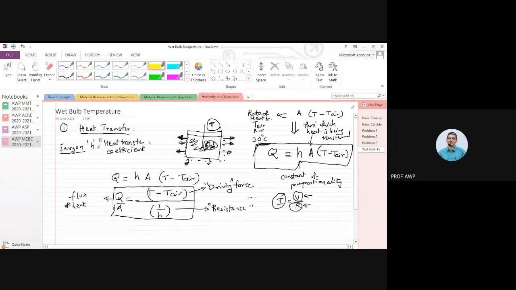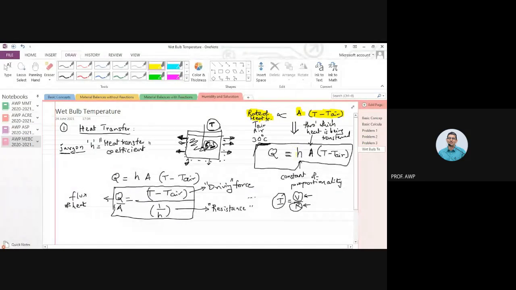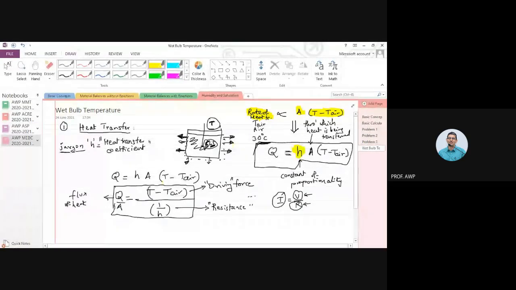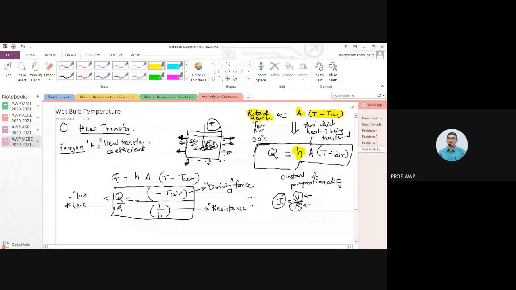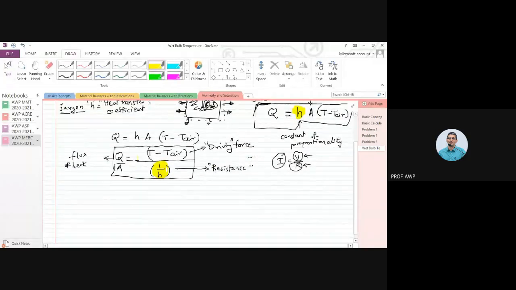One is this rate of heat transfer is proportional to the driving force and area. The proportionality constant we call the heat transfer coefficient. Heat transfer coefficient is the same as 1 by resistance, or 1 by H is the resistance offered to heat transfer. So I will have to tell you something about this beaker, about this air, to actually find out about the rate of heat transfer.